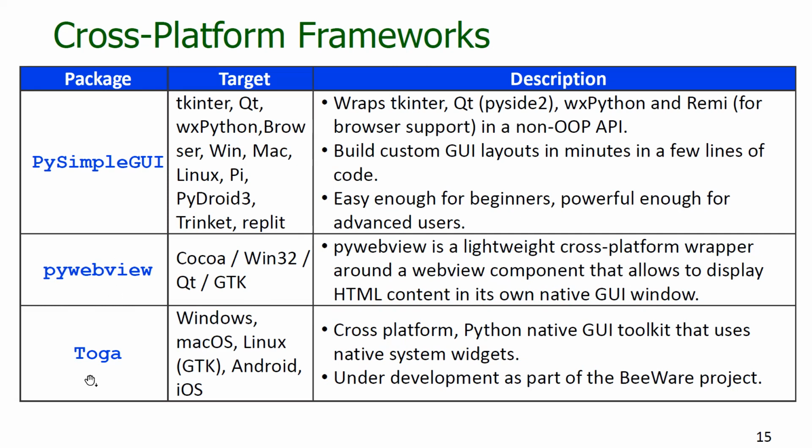The next package is Toga, suitable for Windows, Mac OS, Linux on GTK based, Android and iOS platforms, which is a cross-platform Python native GUI toolkit, which has native system widgets, under development as part of the BeeWare project.